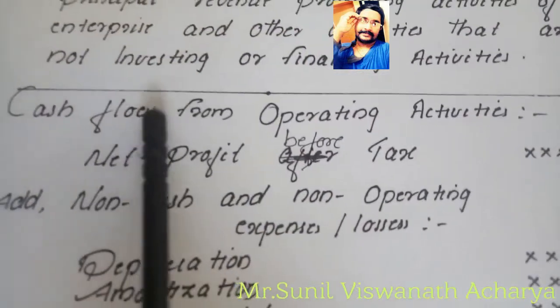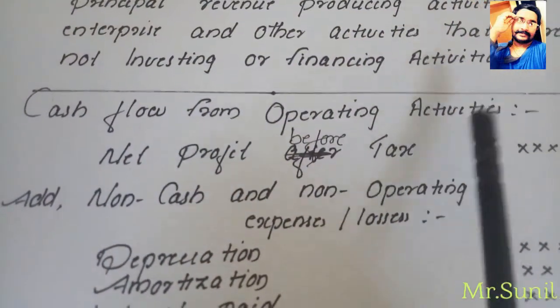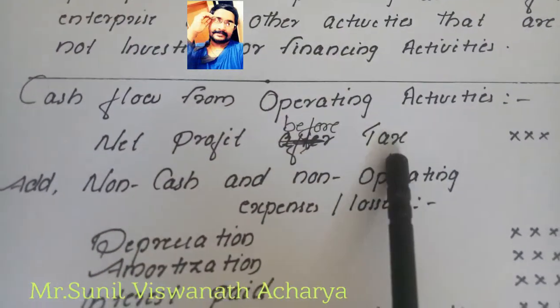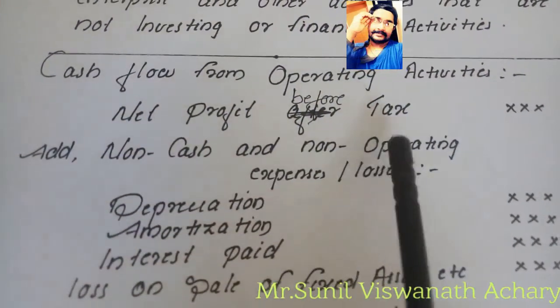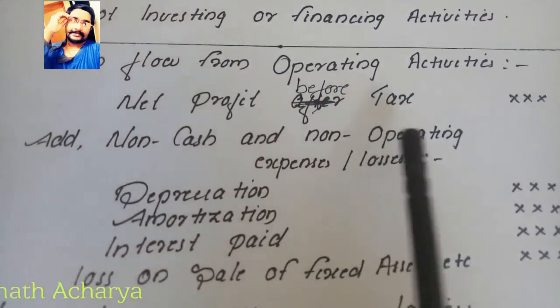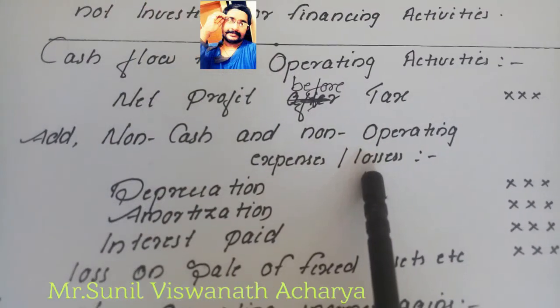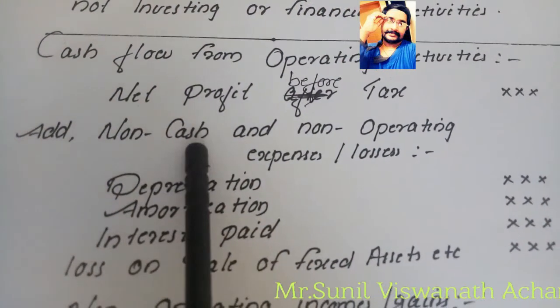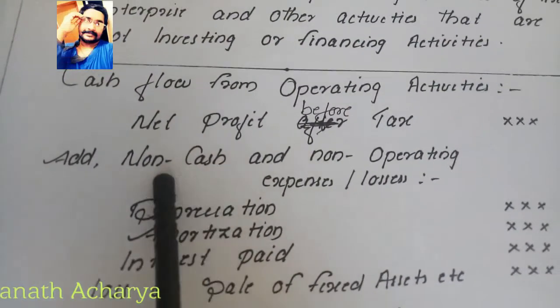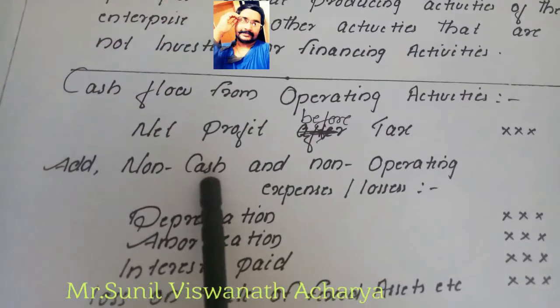Now you listen, when preparing cash flow from operating activities under the indirect method, the first item should be net profit before tax. To this net profit before tax, we should add non-cash and non-operating expenses or losses. Non-cash items are not included in cash flow, they are not cash flow items.